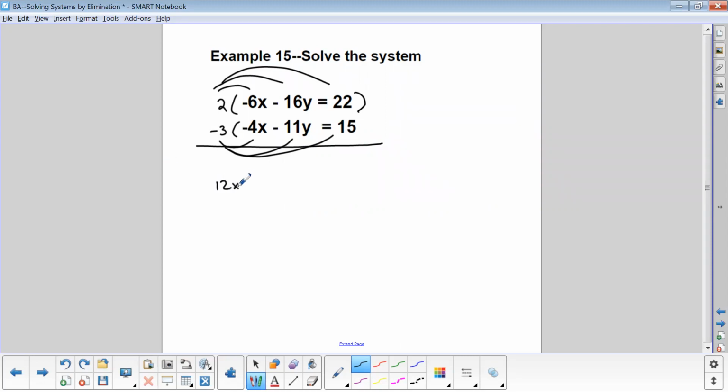So this will give me 12x plus 32y equal to negative 44. And the bottom equation will be positive 12x, negative 12x.